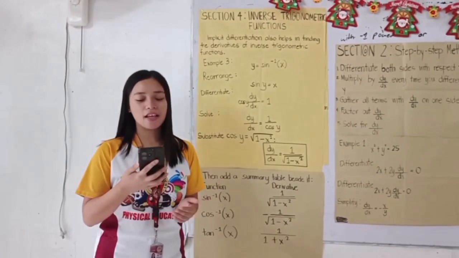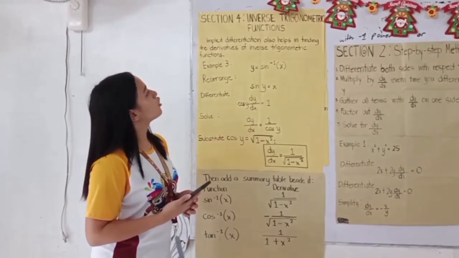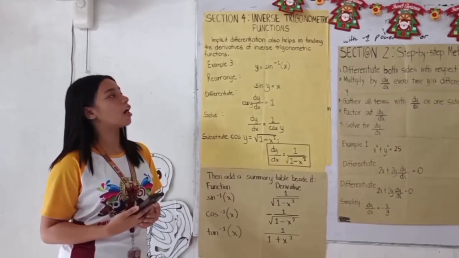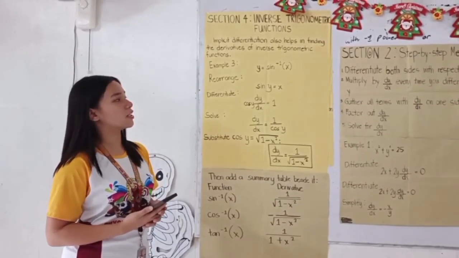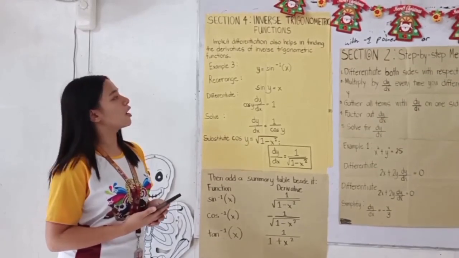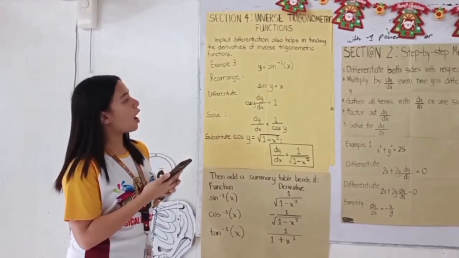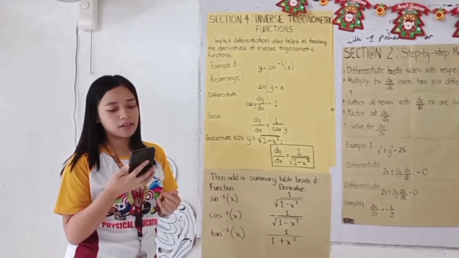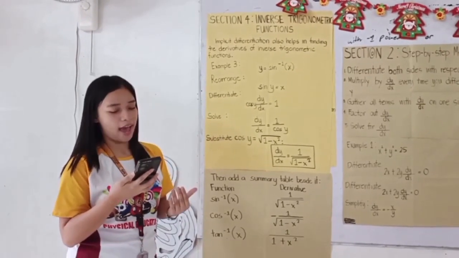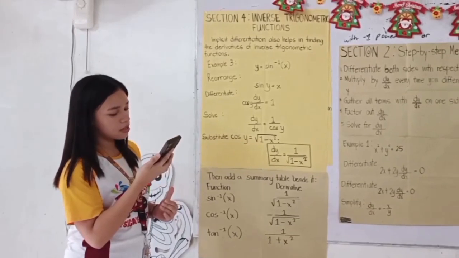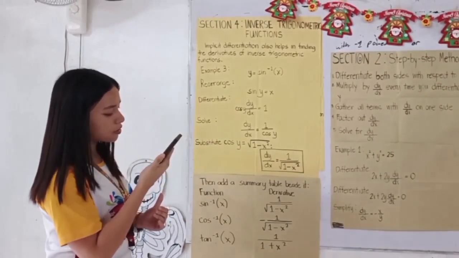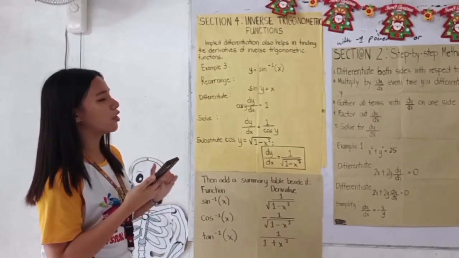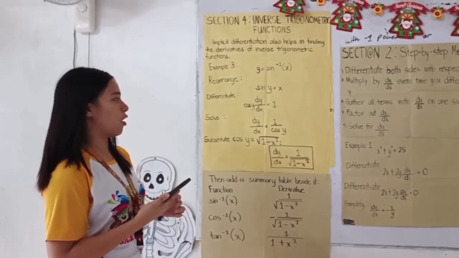Now, let's apply implicit differentiation to inverse trigonometric functions. So implicit differentiation also helps in finding the derivatives of inverse trigonometric functions. For example, y equals sine to the power of negative 1 of x. So we can rewrite that as sine y equals x. Then we differentiate both sides, cos y dy over dx equals positive 1.